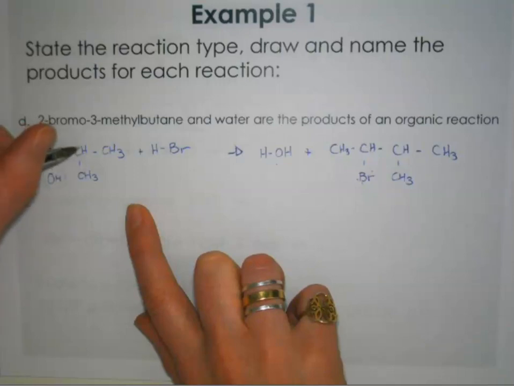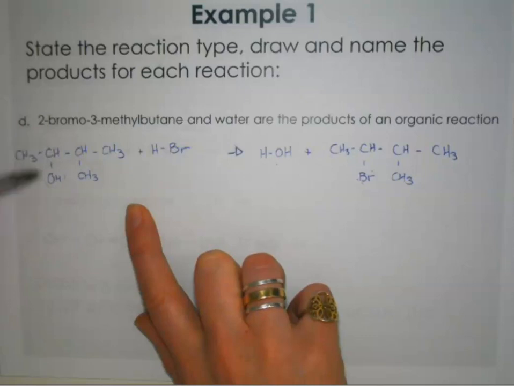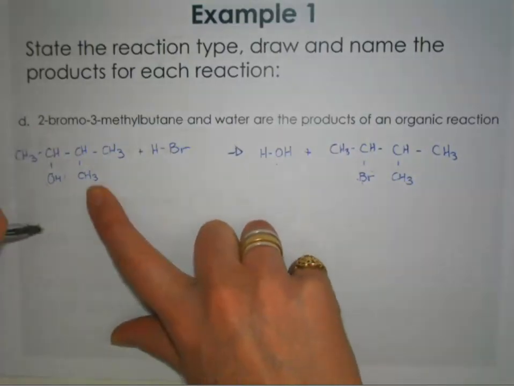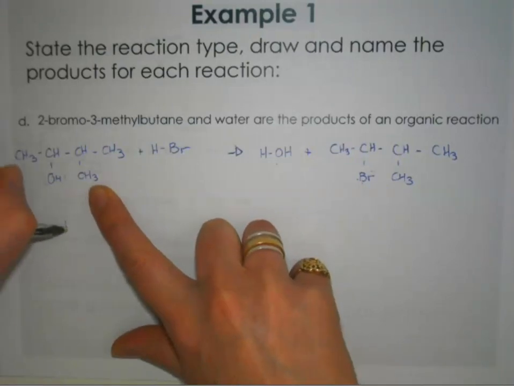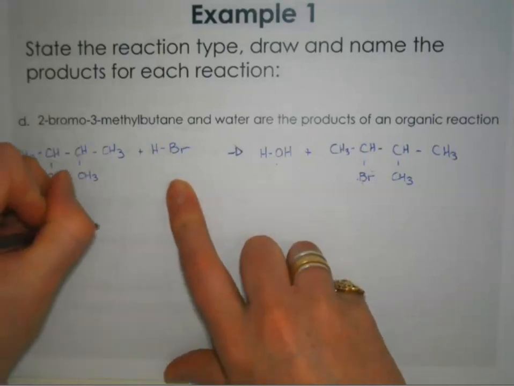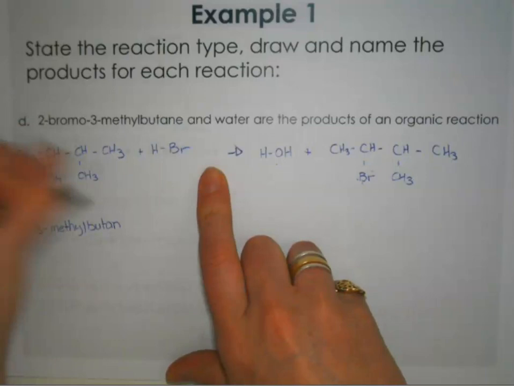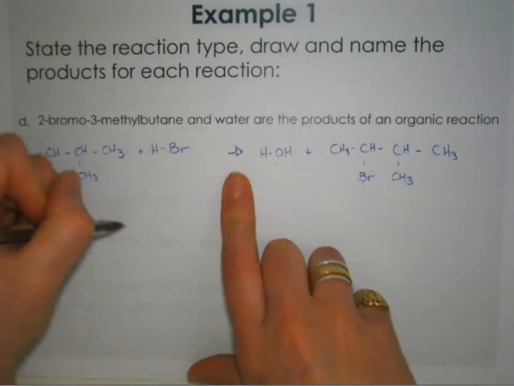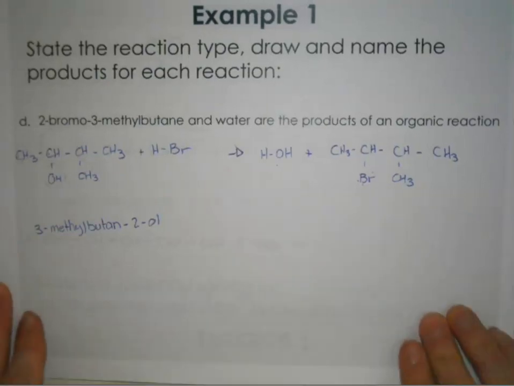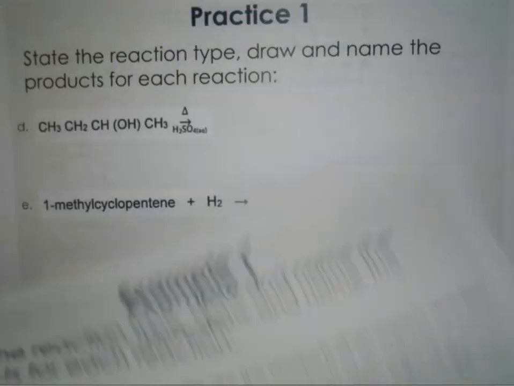First we have to name our side group, which is 3-methyl. Then 1, 2, 3, 4, butane, and the alcohol was on carbon 2, so 3-methylbutan-2-ol. Okay, so there are the names for our reactants.